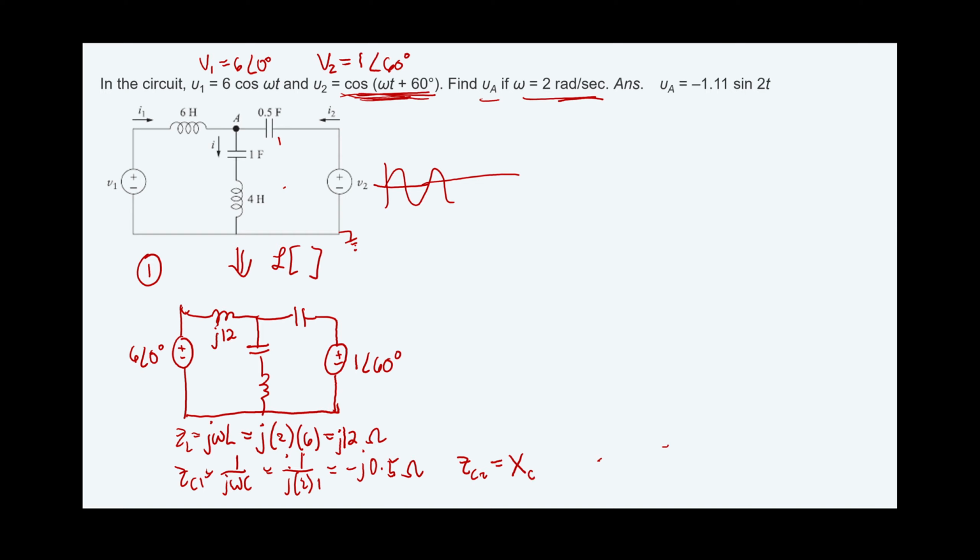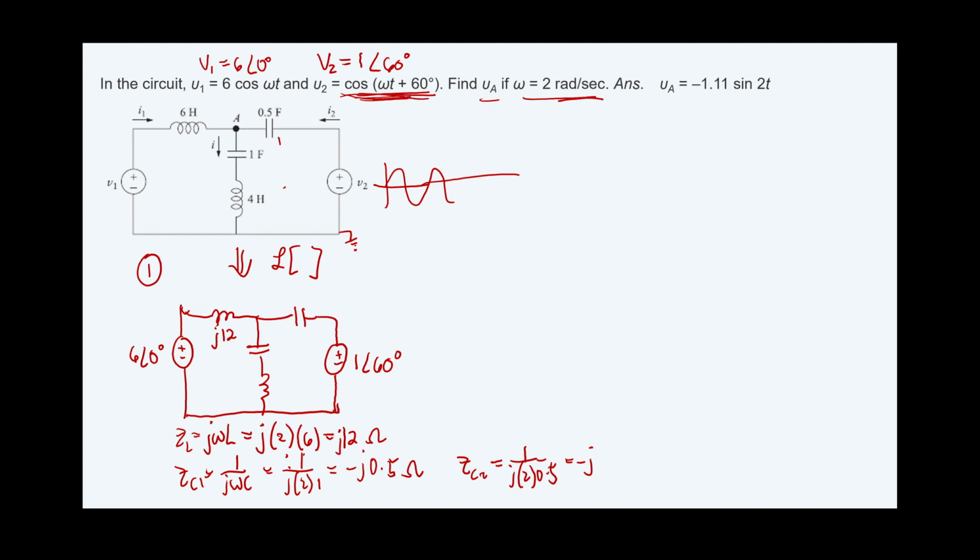You can also call this jXL, the reactance. So this is 1 over j times 2 times 0.5. So this is therefore negative j1. 2 times 0.5 is 1, and 1 over j is negative j.